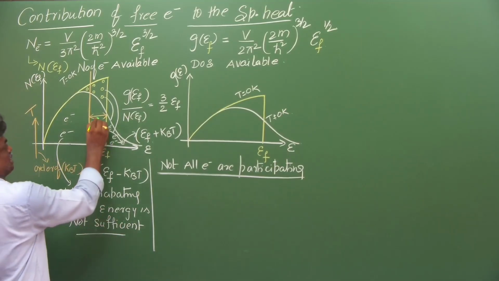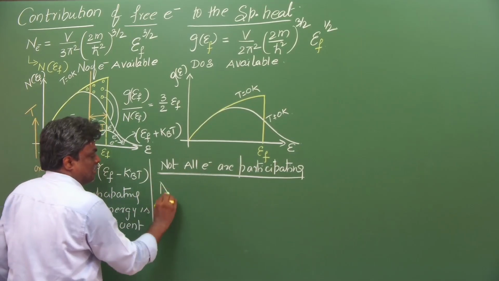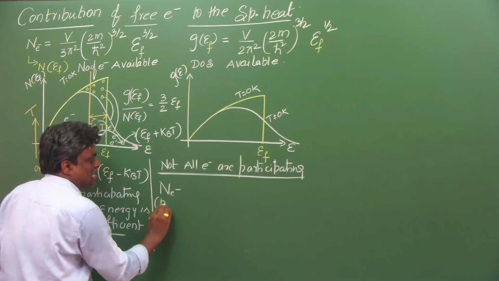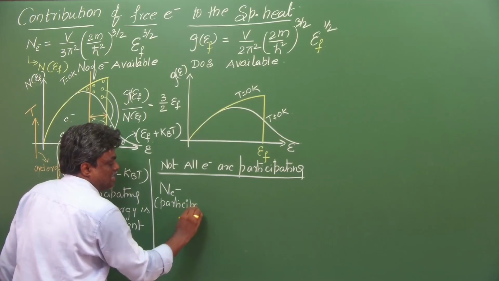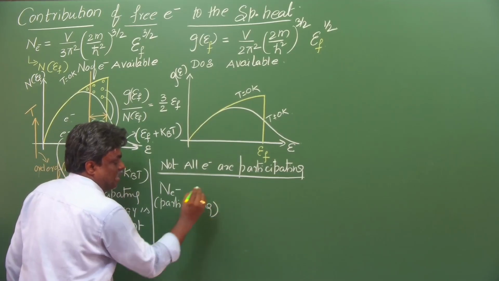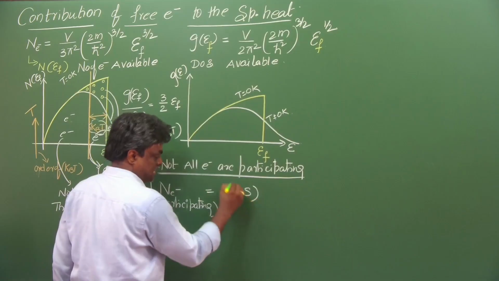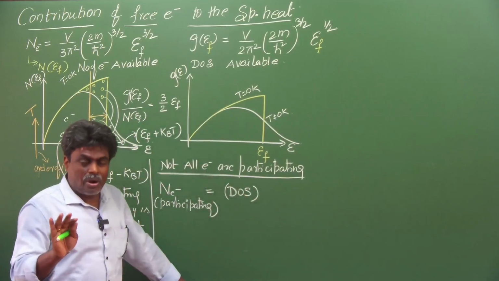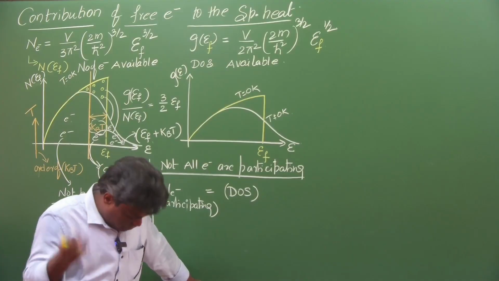I want to find the number of those electrons. Now these are participants. The number is always given by the density of states. What is meant by density of states? Number of particles per unit energy.